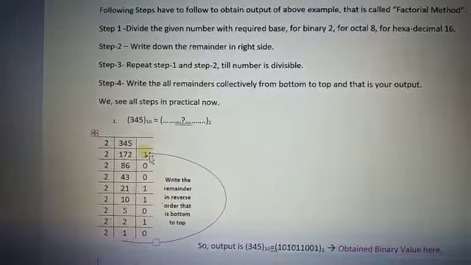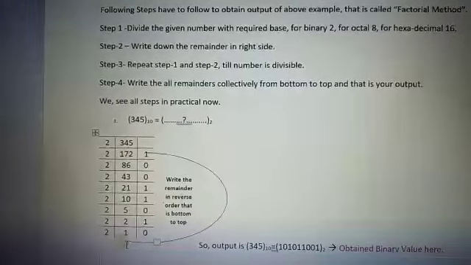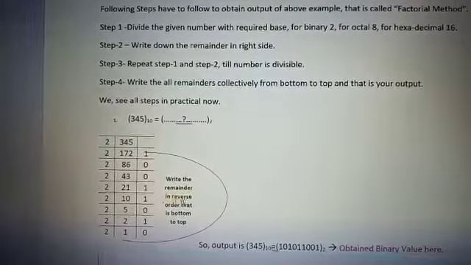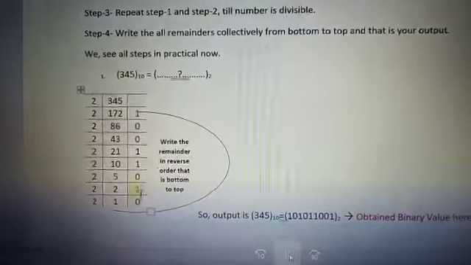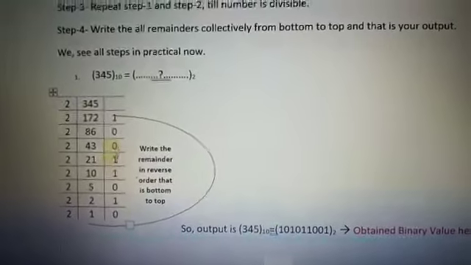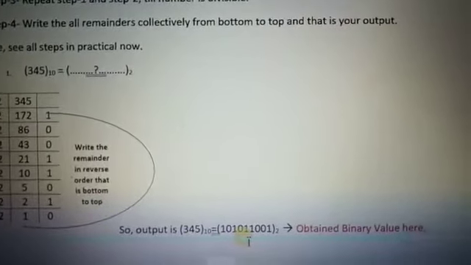The remainder is written on the right side, and lastly we write the remainders in reverse order, that is bottom to top. We start from 1 0 1 0 1 1 0 0 1, and that is the output in the binary number system.